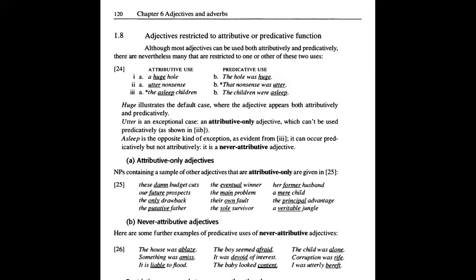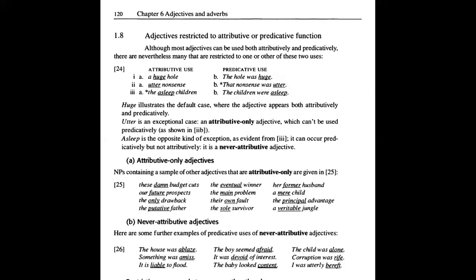Unfortunately we stopped at this point, so today we are going to continue with adjectives that are restricted to attributive or predictive. I mentioned before that attributive means وصفي, predictive تنبؤي.